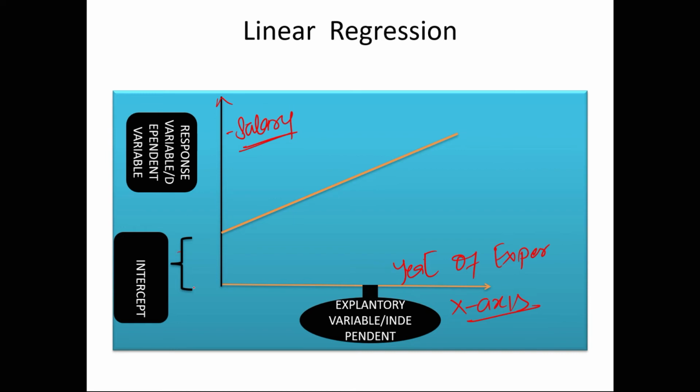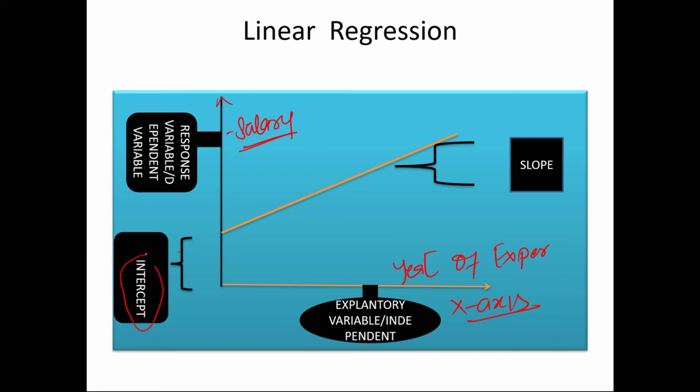That part is called the intercept, and this is called the slope. If you plot an independent variable like years of experience, or any other variable, you plot it on the x-axis, because the x-axis refers to the independent variable, and the y-axis refers to the response variable and dependent variable like salary. And this part is called the intercept.